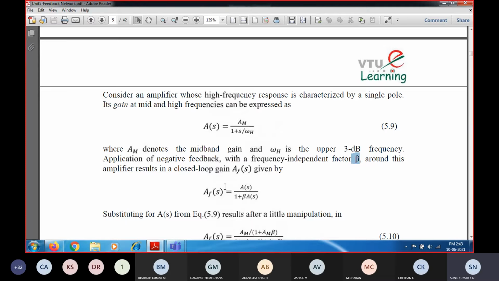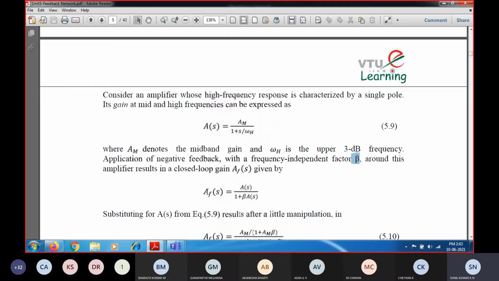So when we employ negative feedback, the gain which you will be getting is the negative feedback gain, which is denoted as AF, and it also depends upon frequency because it has the amplifier term, which depends upon the frequency, whereas beta is not dependent on frequency.